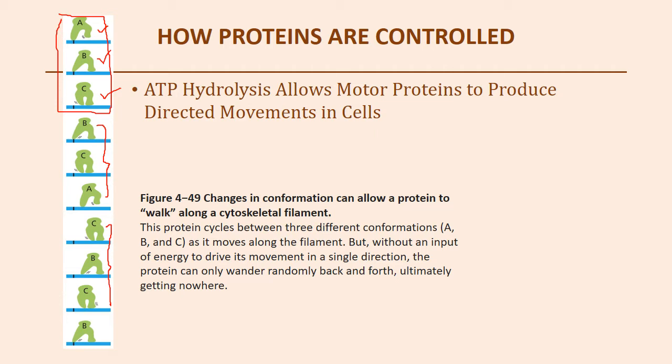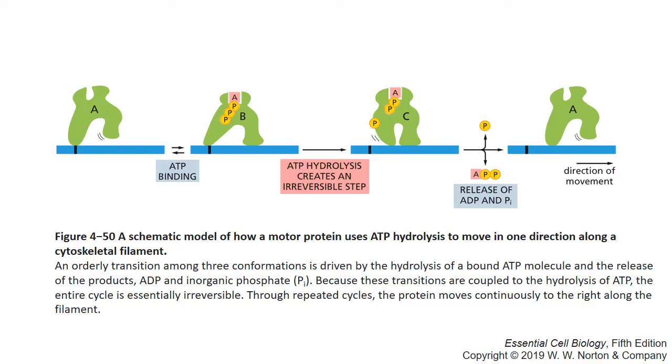So let's go ahead and switch over and take a look at our next picture. And what we see happening here is that we have our motor protein in its three conformational shapes, A, B, and C. And what we're going to do is introduce the step of binding an ATP molecule to it.